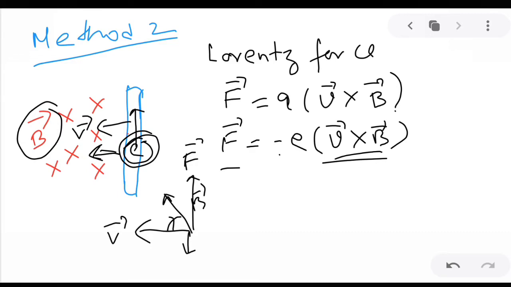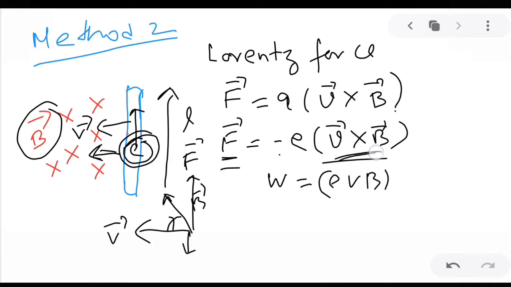Now what is the work done? Work done by this force. This electron will move through length L of the conductor. So the work done will be EVB, this is the force. V and B are perpendicular, so I am writing VB.